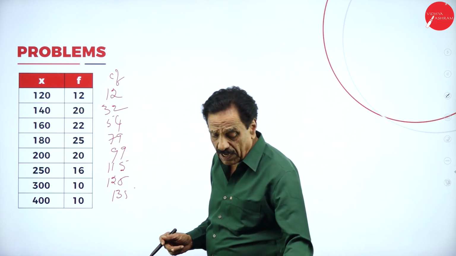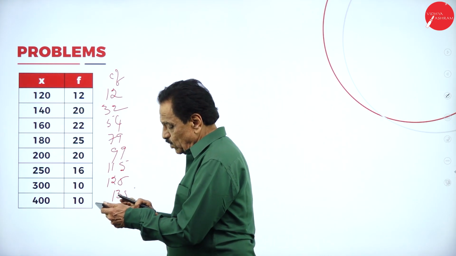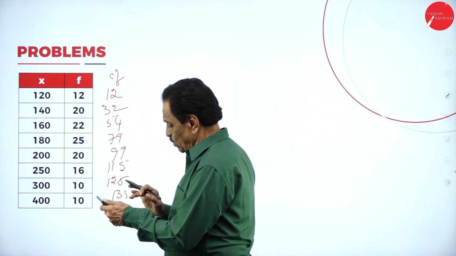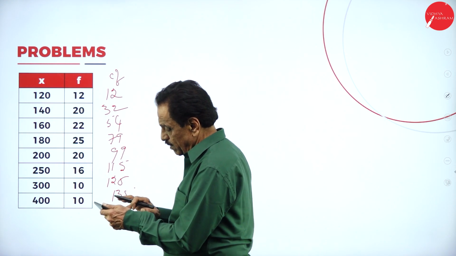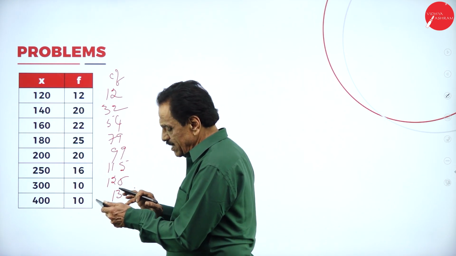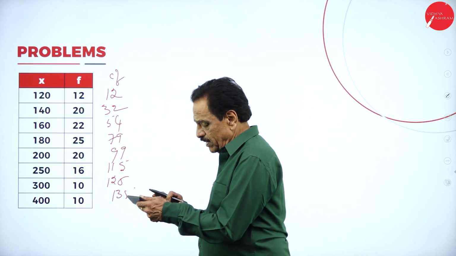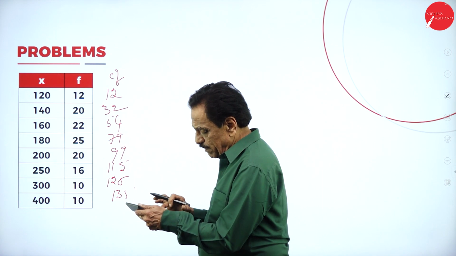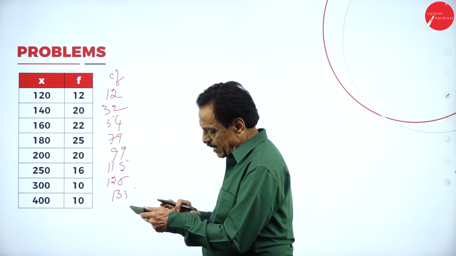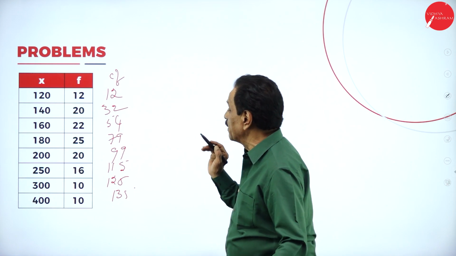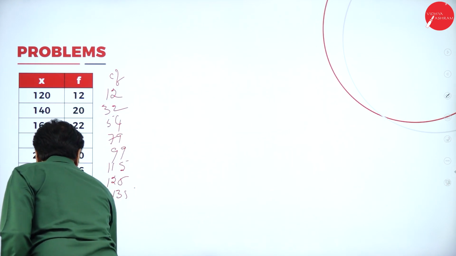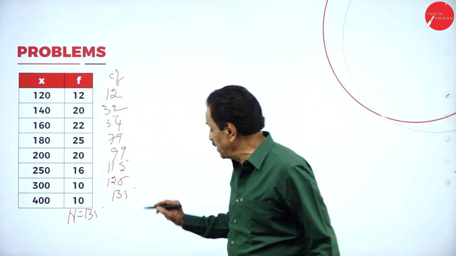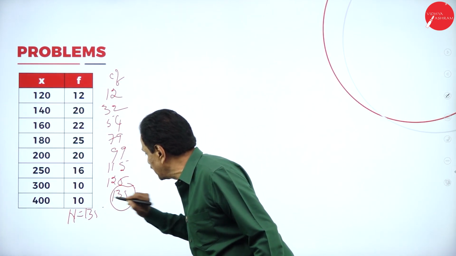Here the frequencies, 12 plus 20 plus 22 plus 25 plus 20 plus 16 plus 10 plus 10, sum to 135. So n is 135. Both should be one and the same. Here and here should be 135.